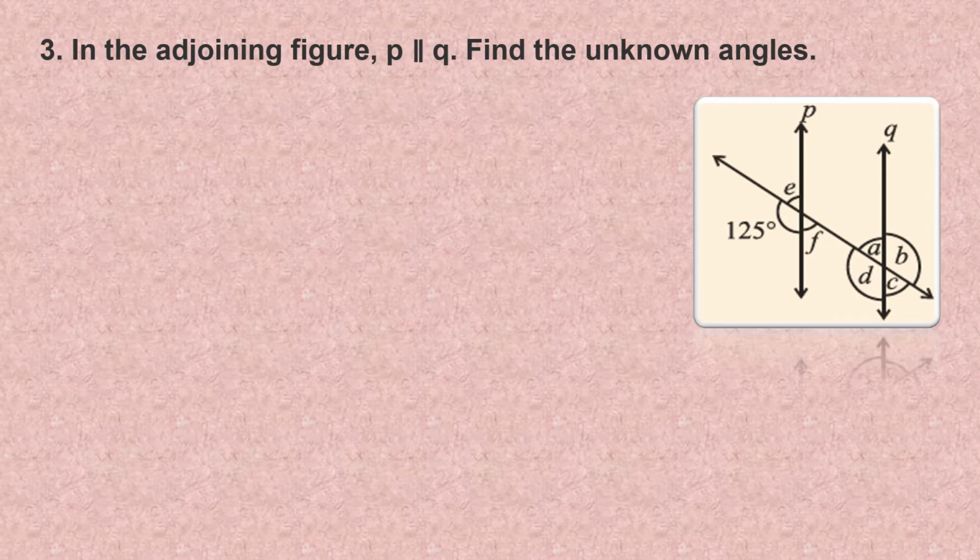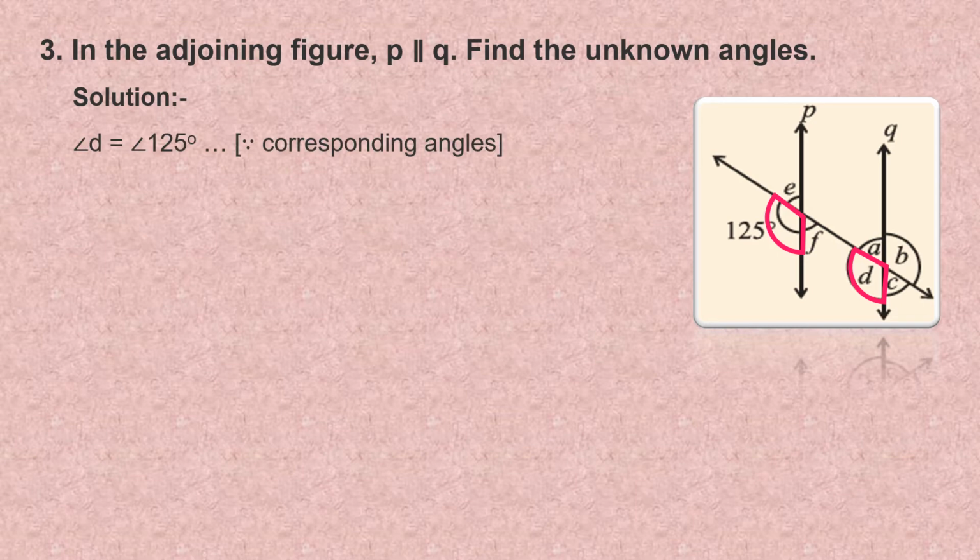In the adjoining figure, P is parallel to Q, find the unknown angles. If two lines are parallel and cut by a transversal, and we know one angle, we can find all the other angles. So here angle D is equal to 125 degrees, because angle D and 125 degrees are corresponding angles.